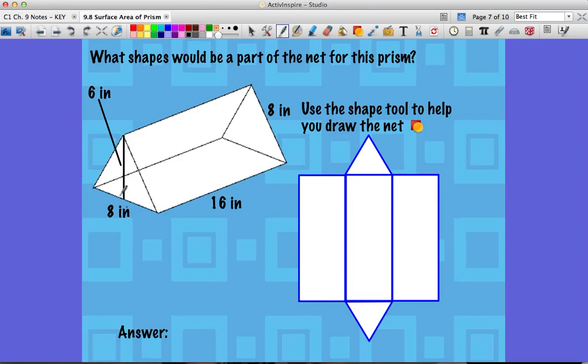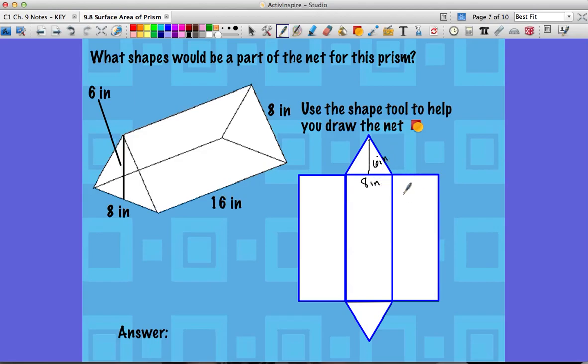So here we have to take a look at this triangle. We know that the triangle is 8 inches across for the base. So from here to here is 8. And we know that from the bottom to the top, the height of the triangle is 6 inches.